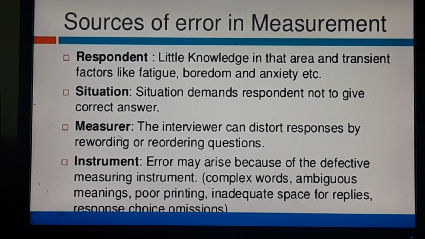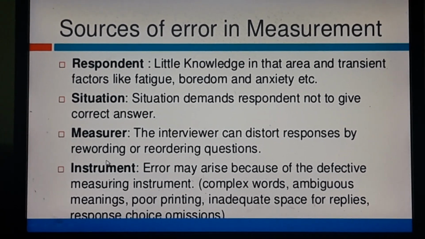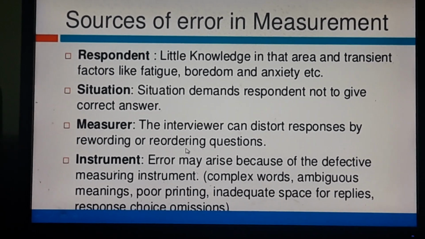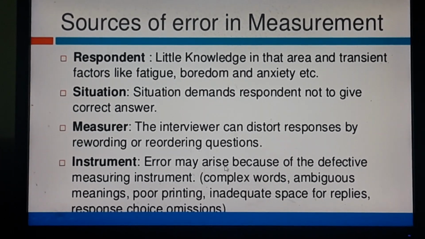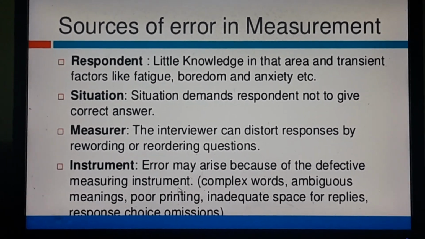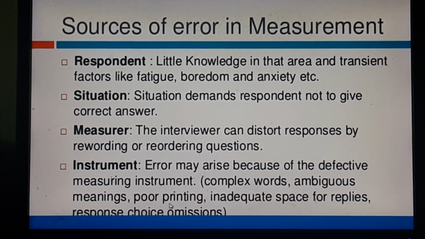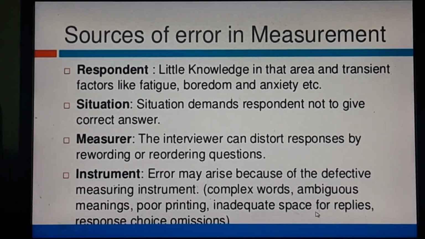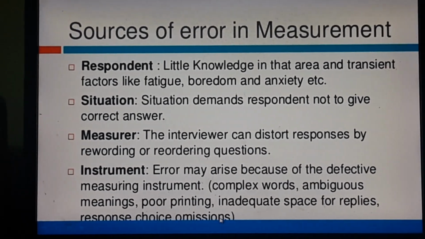Measurer: the interviewer can distort responses by rewording or reordering questions. And instrument: error may arise because of a defective measuring instrument, for example complex words, ambiguous meanings, poor printing, inadequate space for replies, response choice omissions, etc.